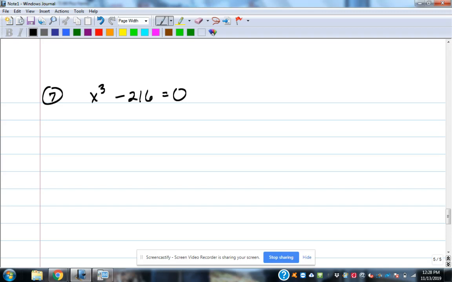All right, the X has a cubed on it. That's a good clue. And then 216 is what? A cube. 6 cubed.